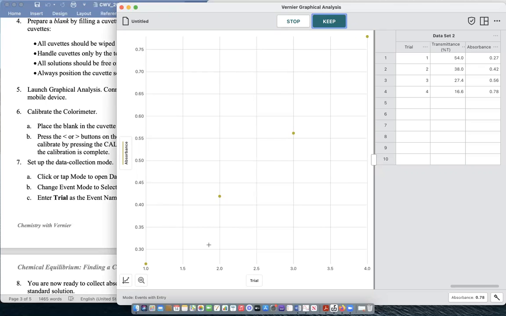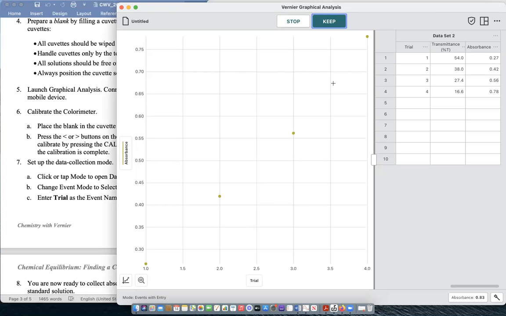So you can see that it's a fairly linear relationship, because as the concentration increases, so does the absorbance. That's what Beer's law is. Our final one that we want to do is now take a look at the one that had the standard, the one that had the mixture of 0.2 molar of the iron with 0.002 molar of the FeSCN.